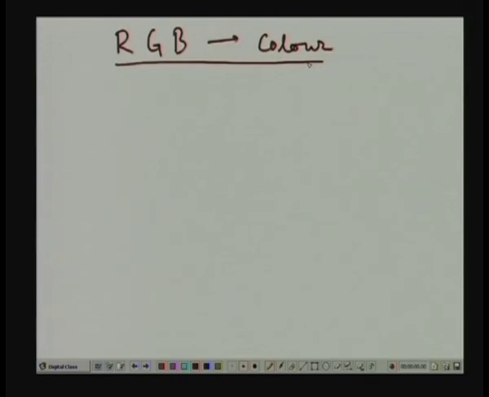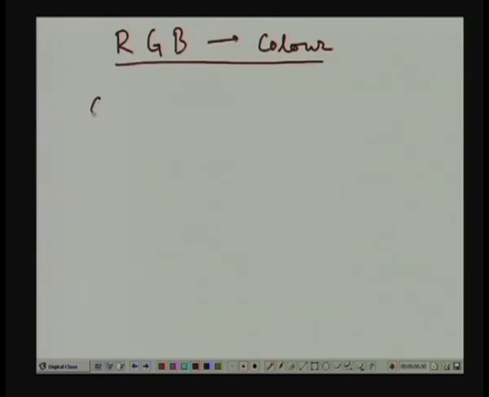we have the red, green and blue components of a particular color, and we want to convert this into CMY space. The conversion from RGB to CMY is very simple.